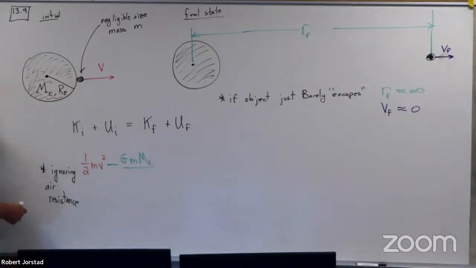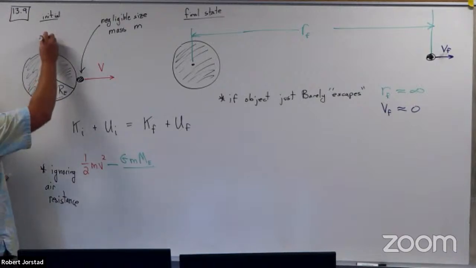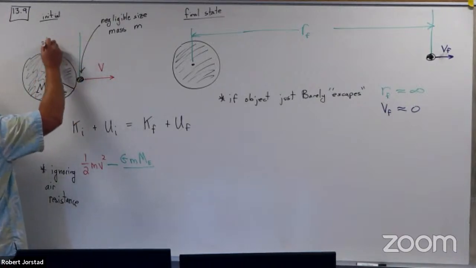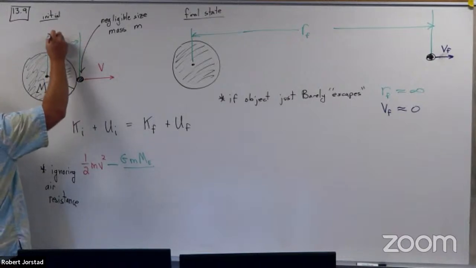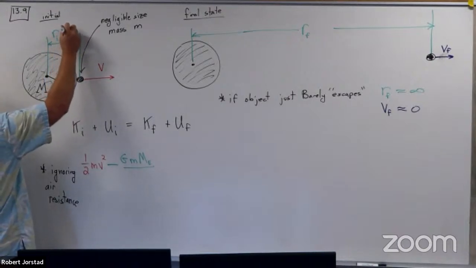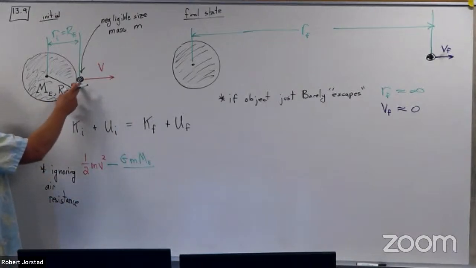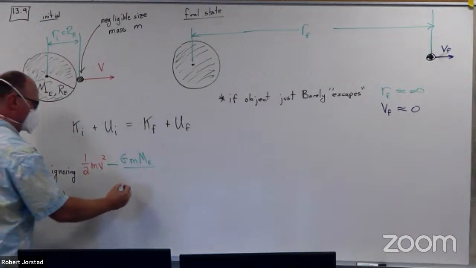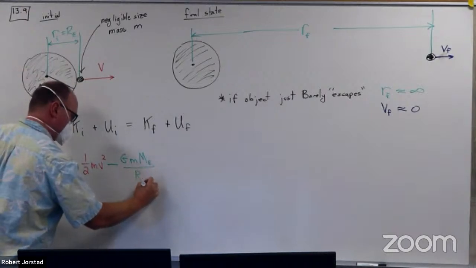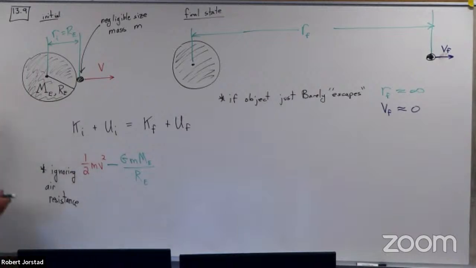What's the distance apart initially? That's right. The radius of the planet. Excellent. And that's because this one has negligible size, so we don't have to add any other radius.